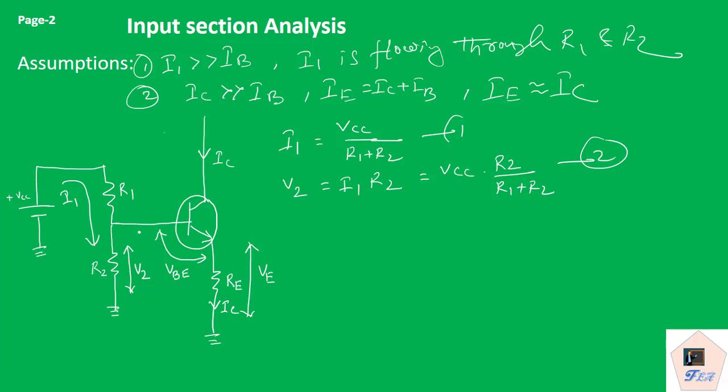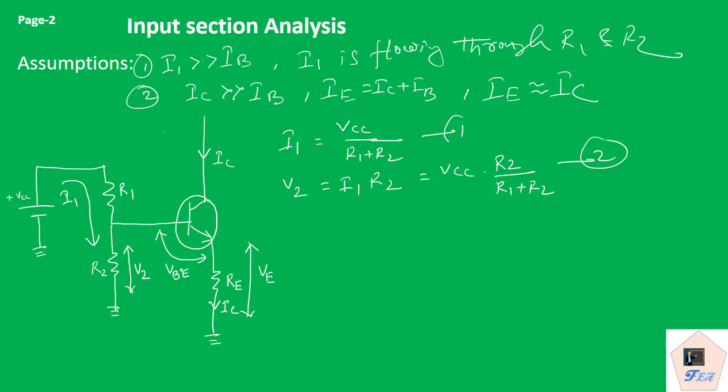And here you can see that this voltage divider network is providing the voltage drop V2, which is basically providing the required biasing to the base emitter circuit.